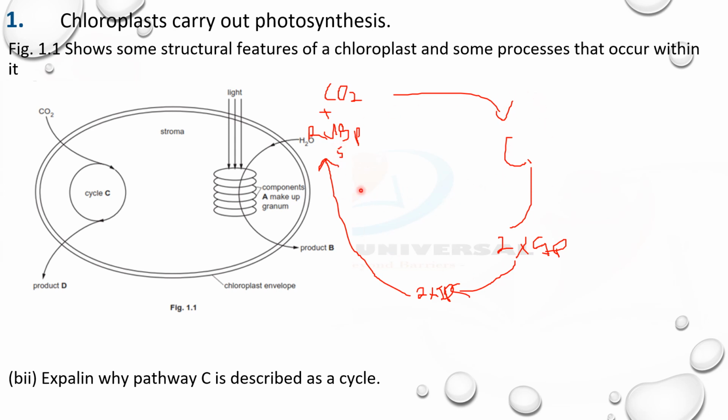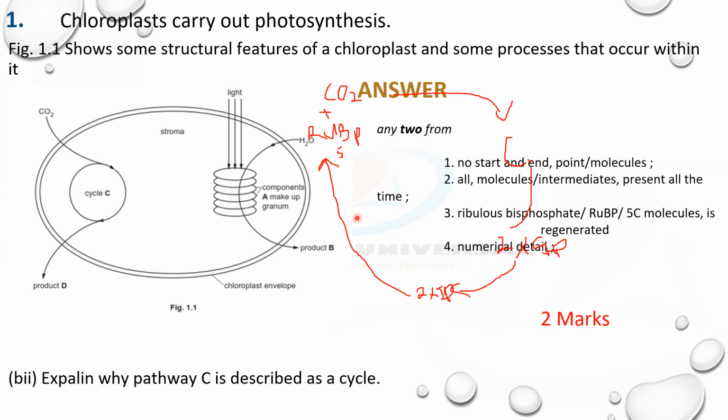This first part is called carbon fixation. The second part, from here to here, is reduction. ATP and NADPH are involved here. From here to here is called regeneration. So why is it called a cycle? There's no start and end point.